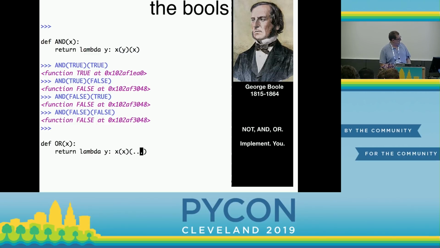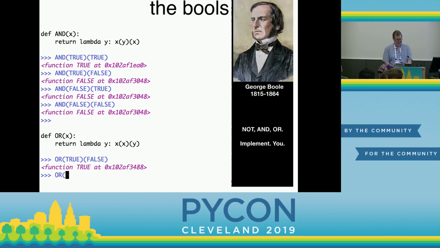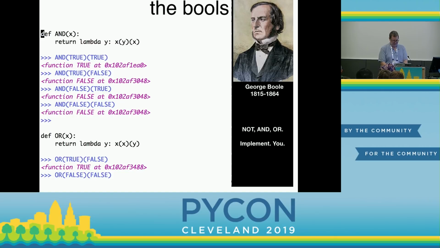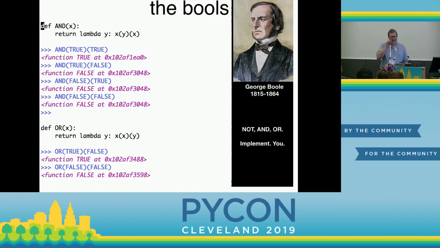If x is not true, then it must be y. Whatever y is, and you'll get that. So or true false is true. Or false false is false. So you can build it up, but it's tricky. I would not claim that this is obvious. If you've never seen this before, it's whoa.